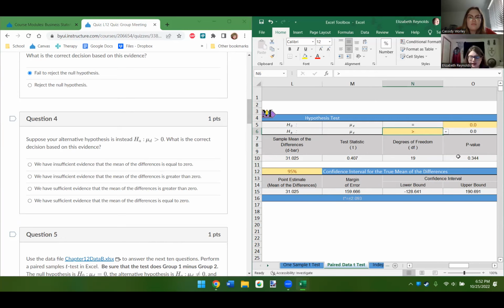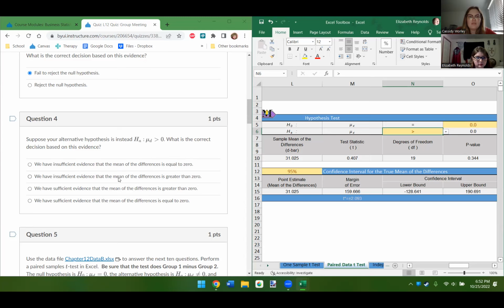It dropped in half, but it's still above 0.1. So we still have insufficient evidence.